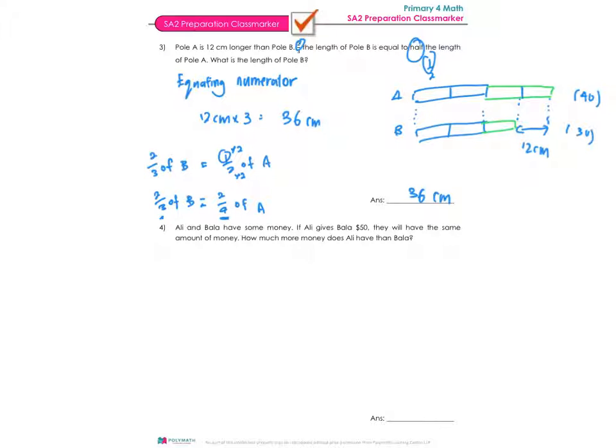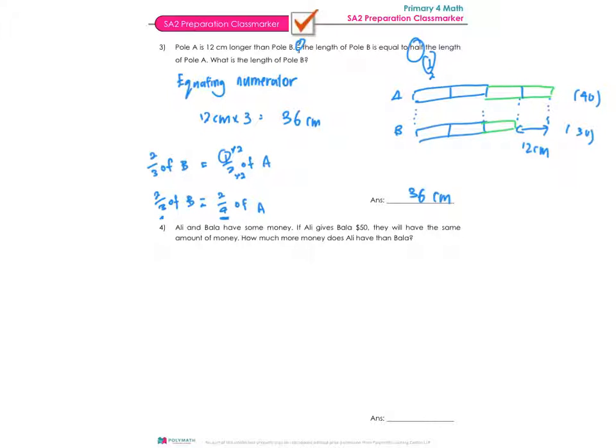After you make the numerator the same, the denominator will be the proportion of the total amount for each of A and B. So B will be 3 units, A will be 4 units, exactly the same as the model, 4 units and 3 units. They gave you the difference, 12 cm, and that difference must be 1 unit.